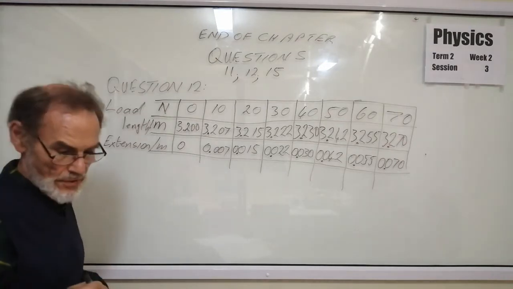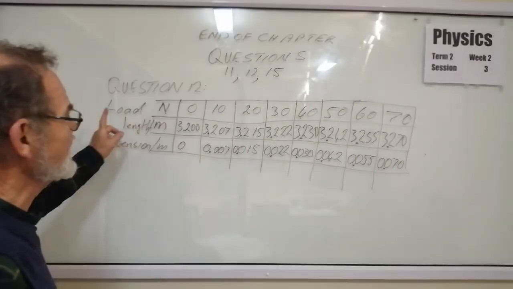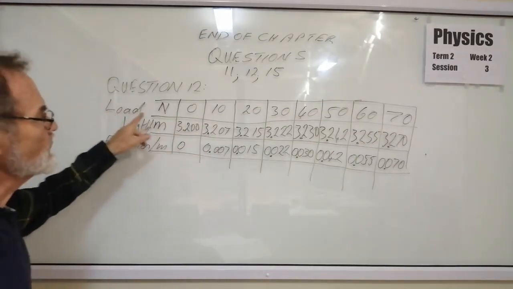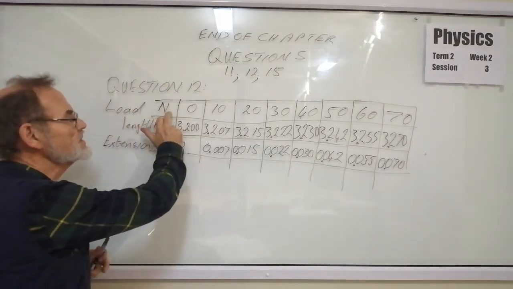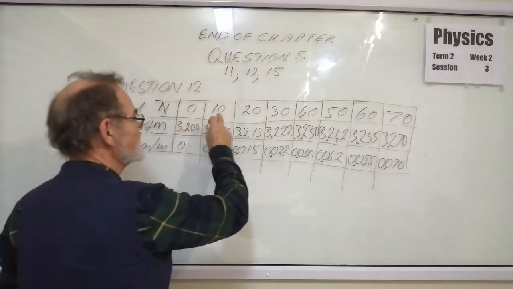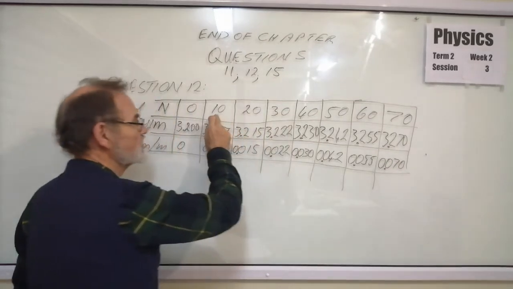Okay, so question 12 gives you a table with the load that is put on a spring in newtons: 0, 10, 20, 30, 40, 50, 60, 70 newtons. The table is written 10.0, 20.0, but I've just written 10, 20.